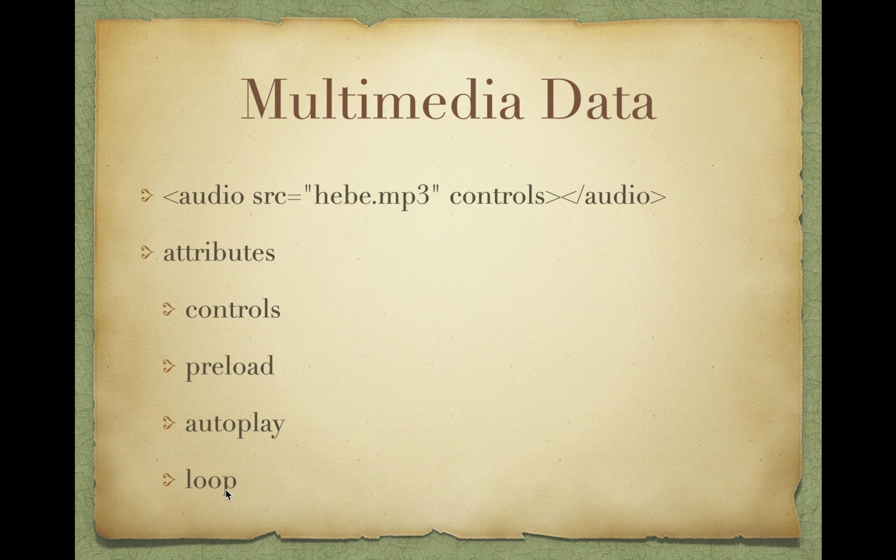I think it's very easy to understand loop. So you will always hear the music. It will restart again and again. So if you want to use the music as background music, you can use autoplay and loop. It will always play in the background, on and on.